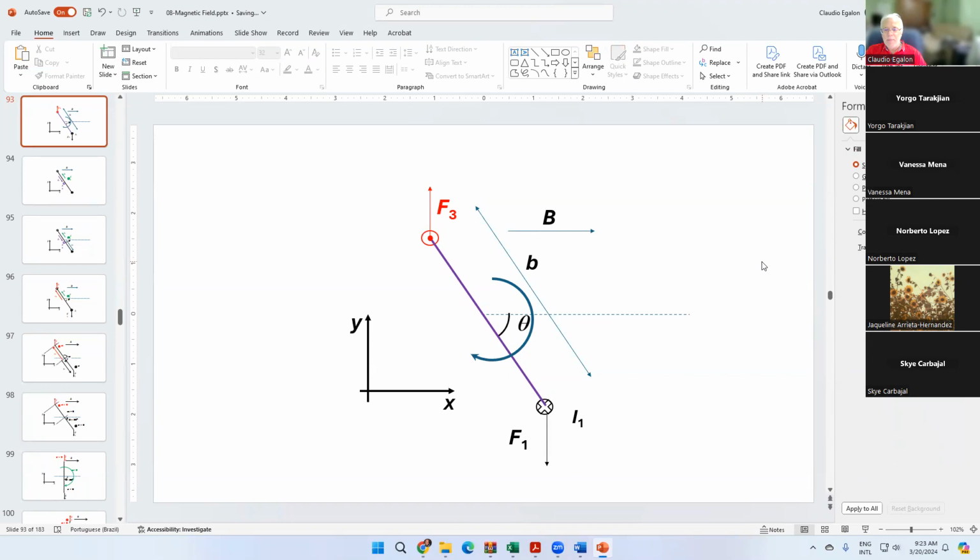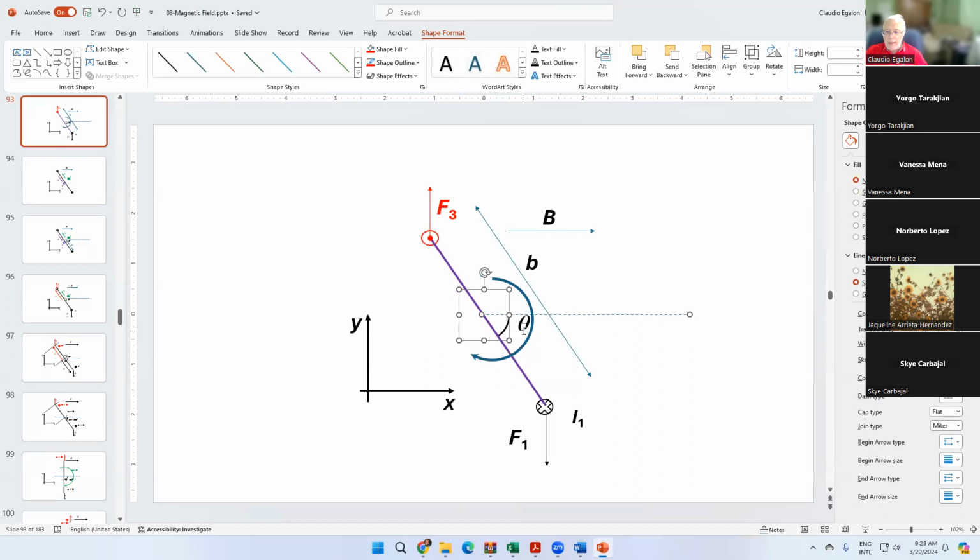Okay. And this torque is going to be what? It's possible to write down the value of this torque. It's going to be F3. This angle here is theta, right? I'm going to get this one up in there so you can see it more easily.